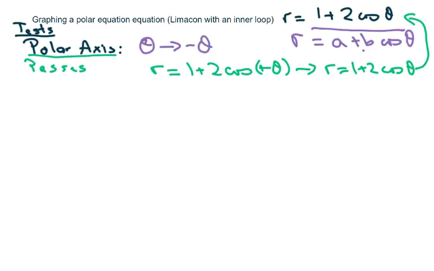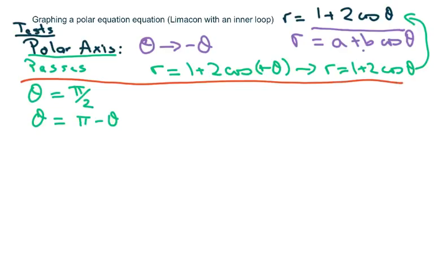All right, the next one we're going to test is the line theta equals pi over 2, and we're going to replace theta with pi minus theta. So let's do that. I'm going to take my equation, r equals 1 plus 2 cosine of pi minus theta.